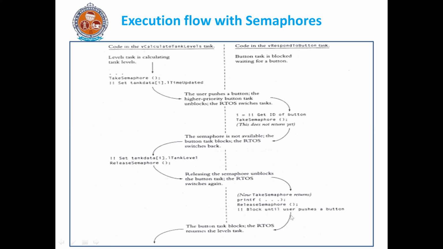Because this is blocked, the RTOS switches back to the V tank level task and it resumes after the release semaphore instruction. It will continue with the code after this instruction. So this is how the execution flows with semaphores in the underground tank monitoring system. Like this we can solve the shared data problem using semaphores.